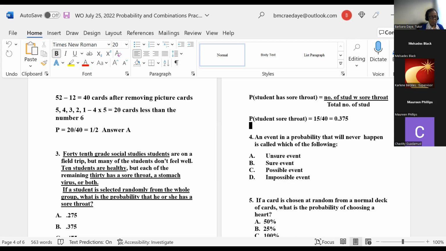If you have 30 students that are not healthy, right? And they have a sore throat, a stomach virus, or they could have the combination, both. So what number of this 30 would have the sore throat?